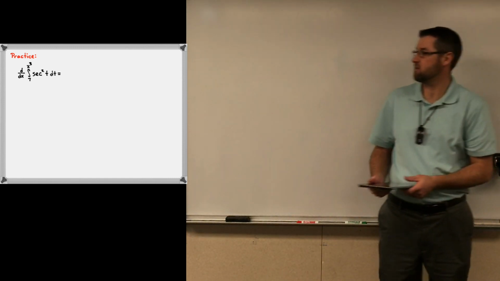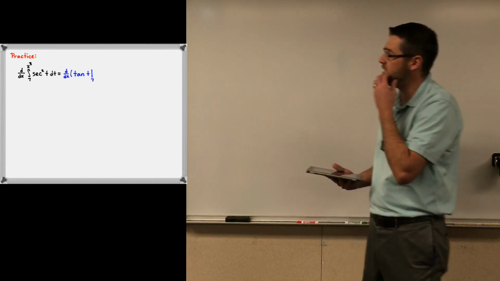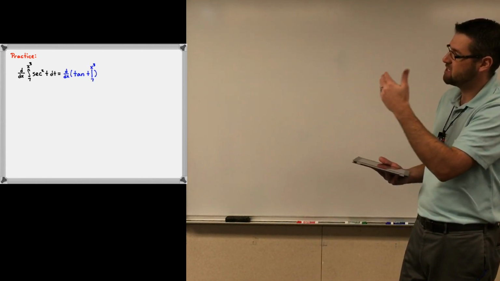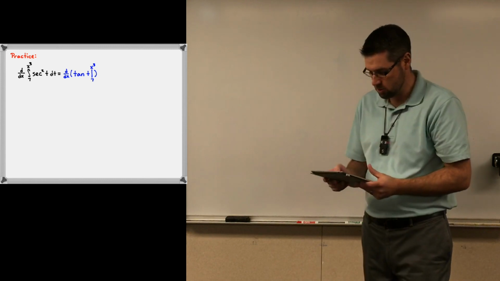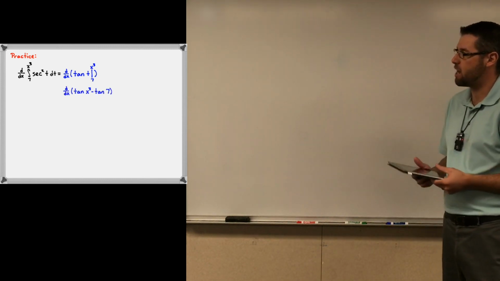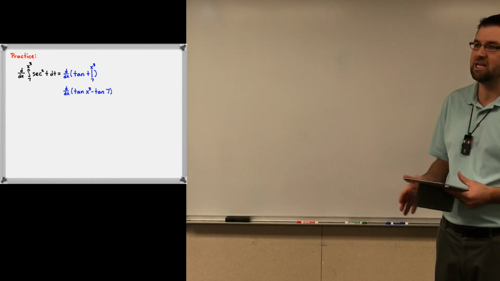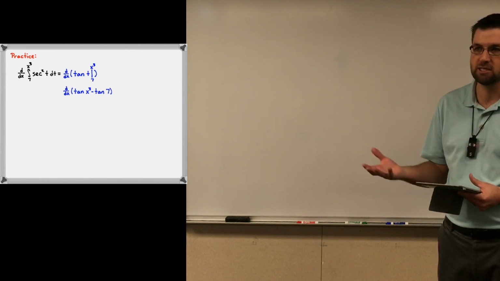What is the antiderivative of secant squared t? Tangent t. So we're taking the derivative of tangent t from 7 to x cubed. So now we're going to plug in the upper bound and the lower bound and subtract. Right? Tangent of 7, it doesn't matter what it is. It's just a what? Constant.